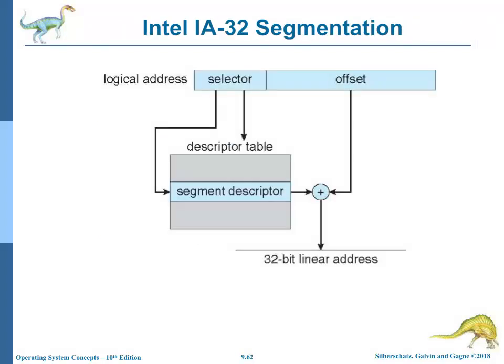The descriptor table contains 8-byte descriptions of each segment, including the base and limit registers. Logical linear addresses are generated by looking the selector up in the descriptor table and adding the appropriate base address to the offset, as shown in this figure.